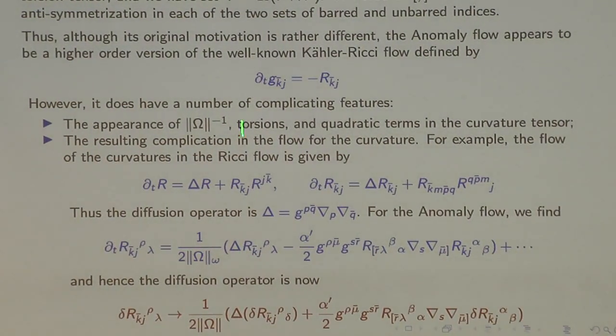You have the delta that comes from this, but then you also have a bunch of terms that come from there. So automatically, the anomaly flow is more complicated, and in particular, the diffusion operator, which is a kind of linearization of this, is going to have an additional term, which is a second-order operator whose coefficients are given by components of the curvature tensor.